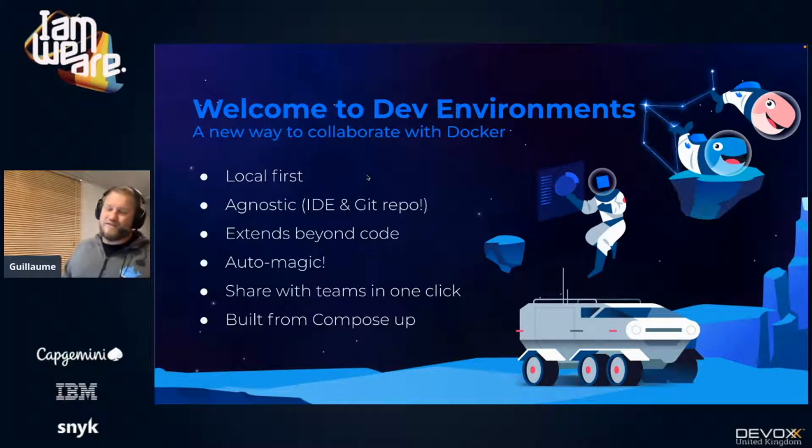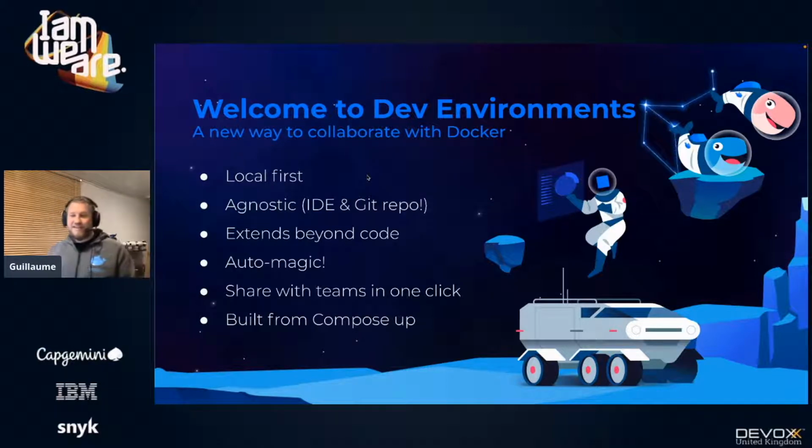We want to be agnostic from the IDE and also from the Git provider, so you can work with GitHub or GitLab or whatever you want. As I said previously, we want to go one step further than the code. We want to be able to share something with more context than just the code.